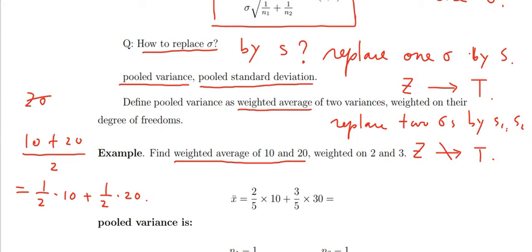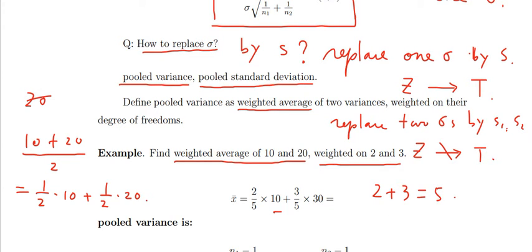Okay, so now if the average is weighted on 2 and 3, so for this 10, weighted as 2, right? And for 30, weighted as 3, so the total weight is 2 plus 3, which is 5.